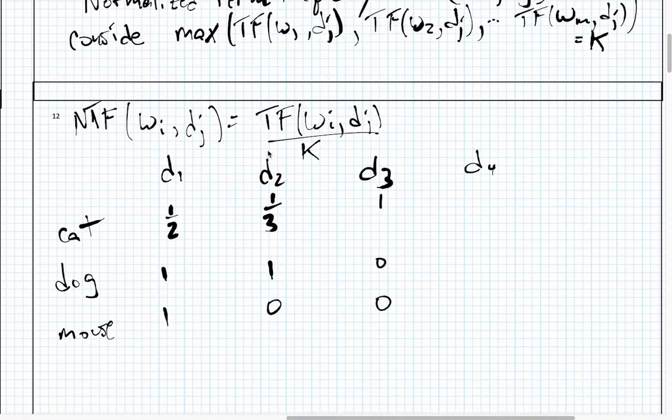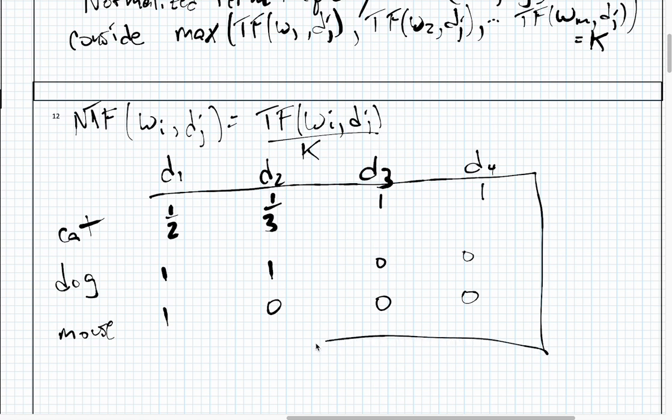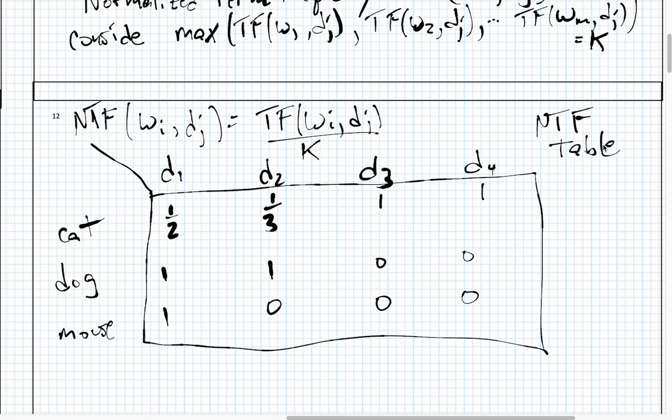It just gives me 1, 0, 0. You could think of this as our normalized term frequency table. Okay?